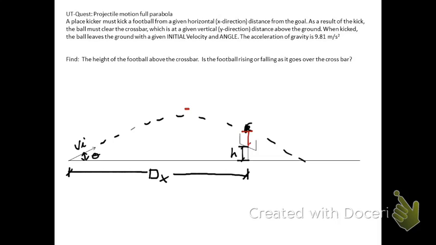So that's what we're going to concentrate on. Now, the actual problem asks for this dimension that I've annotated in red. It's asking the clearance. So the clearance plus the height of the crossbar is going to be this distance in the y direction.